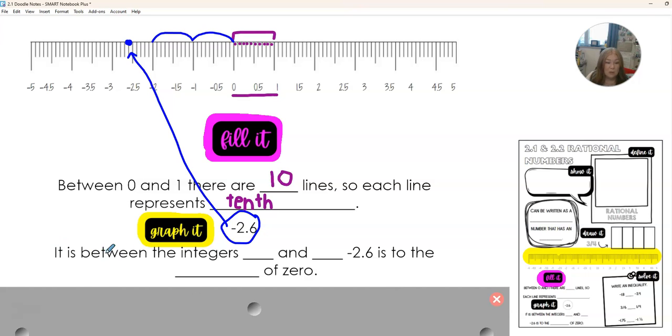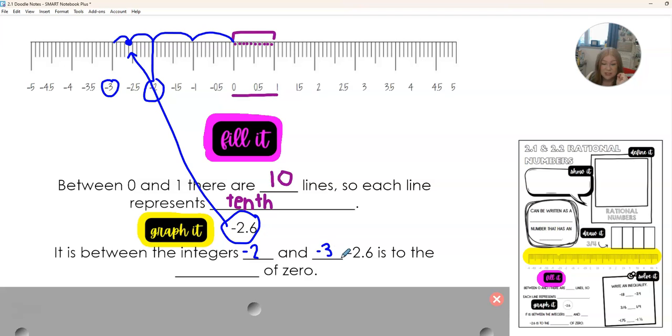So now we're going to decide where negative 2.6 is between. So it is between which integers? So remember, integers are whole numbers. So here's the closest whole number. It's between negative 2, and the other one going the other way is negative 3.